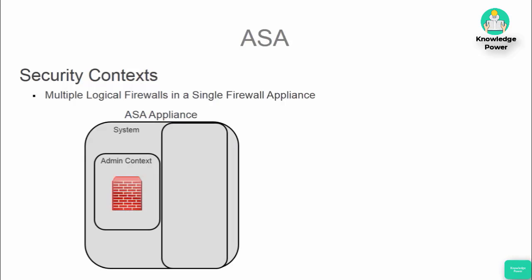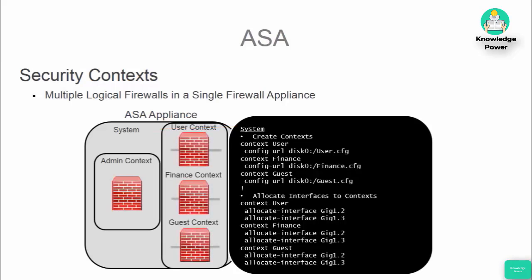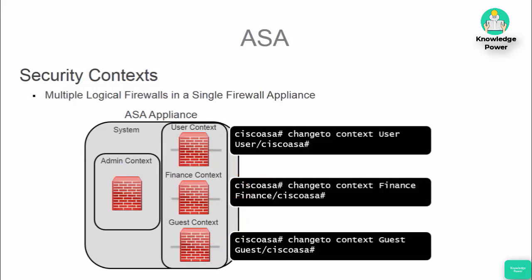Once in multi-context mode, there is a system configuration mode that is used to manage contexts and interface allocation. Once contexts have been created in system mode, you now have multiple virtual firewalls running on one physical appliance. You can access each context configuration by entering the command changeto context and then the name of the context.